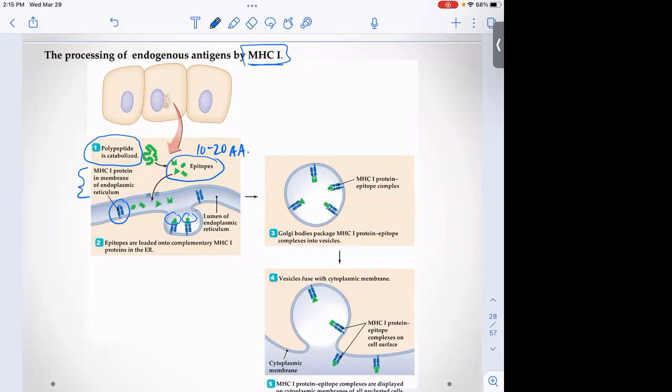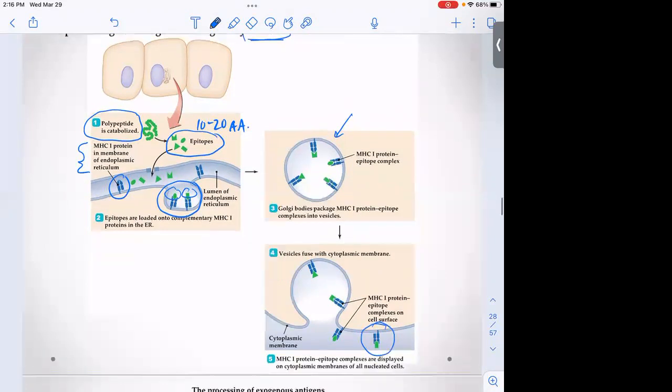That pinches off into a membrane-bound vesicle, moves to the surface of the cell, and is expressed on the surface for a time. After a while, those degrade and new ones are expressed. I don't know the timing of that, but that's the basic idea of how that advertisement of what's normally going on in the cell takes place.